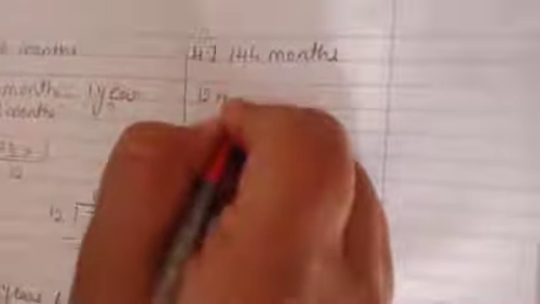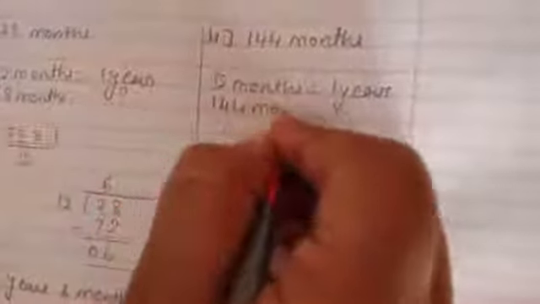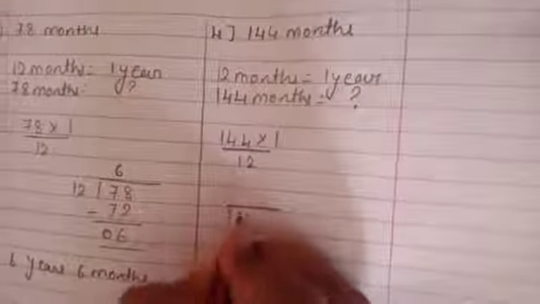Now number 4, 144 months. So 12 months equal 1 year. We have 144 months equal to how much? So 144 multiplied by 1 upon 12. So 144 divided by 12.